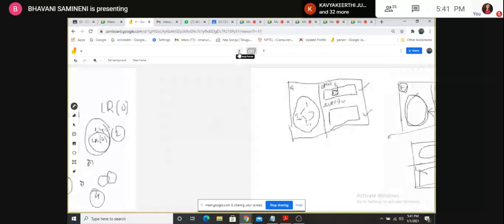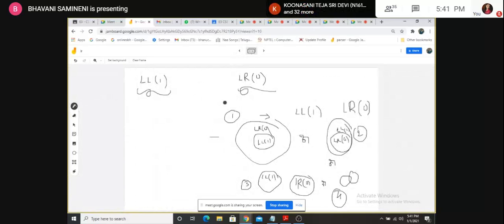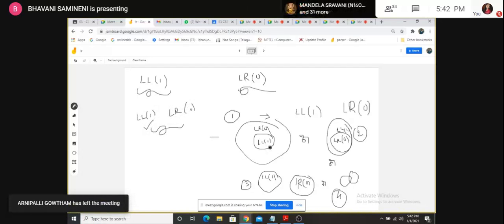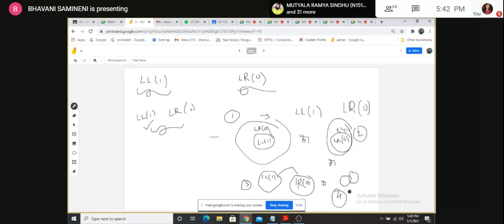If you have done all these problems, then you will be able to bring a relation between all parsers. You have done LL1 for the same grammar, and now you do LR0. So based on these two, you will be able to derive the relation between LL1 and LR0, whether LL1 is a subpart of LR0, or LR0 is a subpart of LL1, or there will be no relation between LL1 and LR0, or there is a common relation between LL1 and LR0. This you will be able to derive if you have solved all the problems.